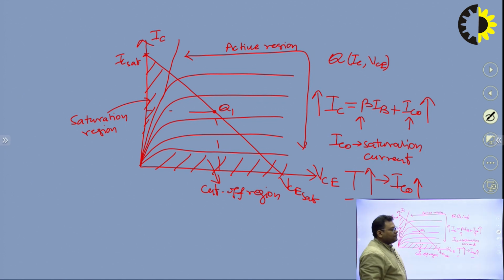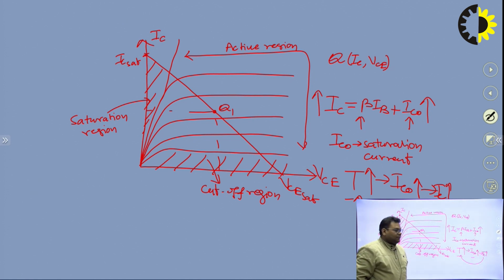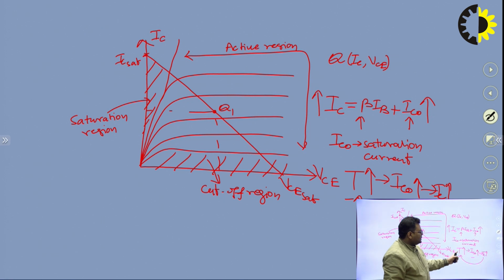And if IC is increasing, it will further increase the temperature. So here a cycle will start, and finally your transistor will burn out. This condition is called thermal runaway, right?